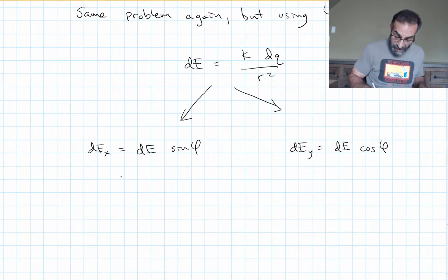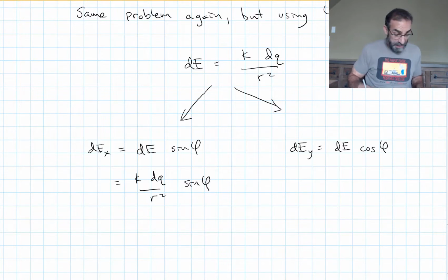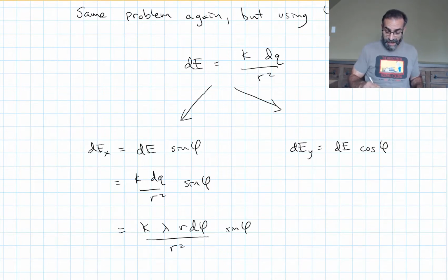And I know dE is k dq over r squared. And I start plugging in things I know. I always start with dq. And I know that dq is lambda r d phi. R is constant, lambda and k are constants.